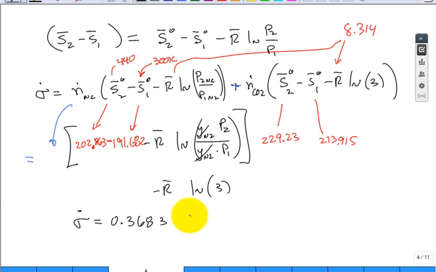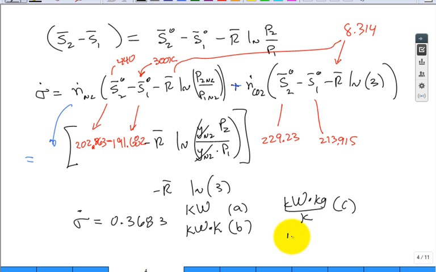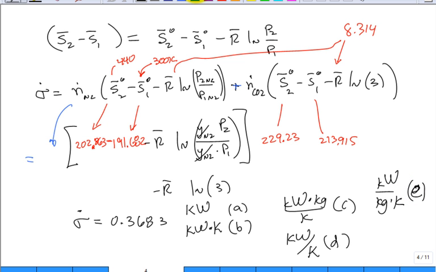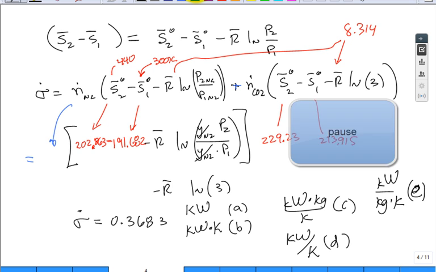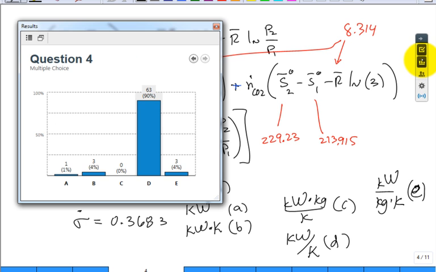I think the SI units on this are going to be kilowatts, answer A. Kilowatt times Kelvin, answer B. Kilowatt times kilogram per Kelvin, answer C. Kilowatt per Kelvin, answer D. And kilowatt per kilogram Kelvin, answer E. What are the SI units for this sigma dot? All right, so this is probably just one of those recalls. It's kilowatt per Kelvin.